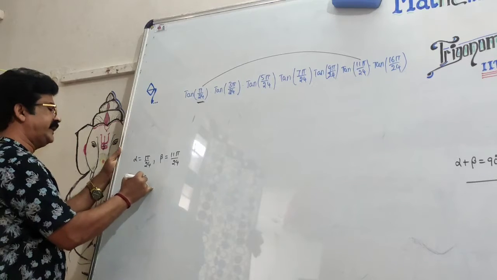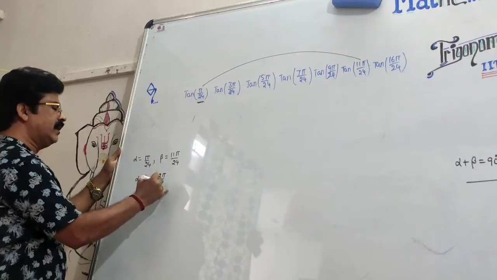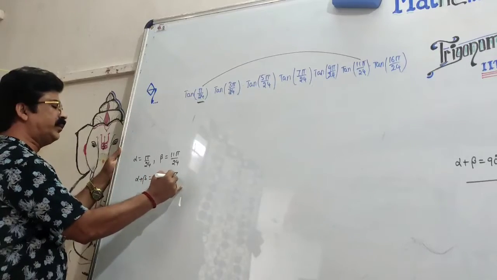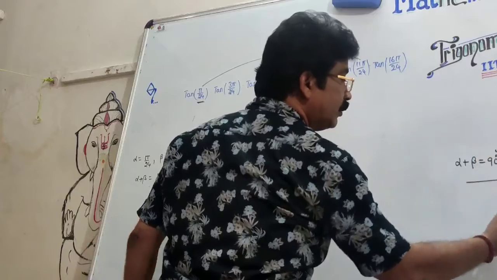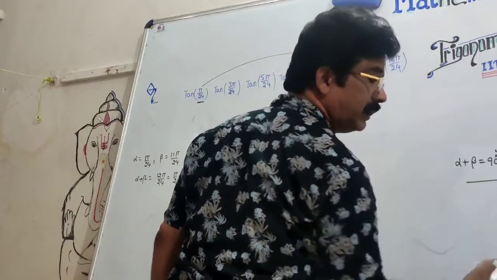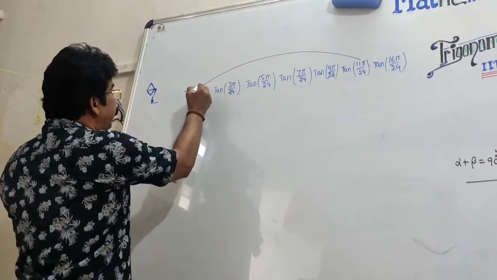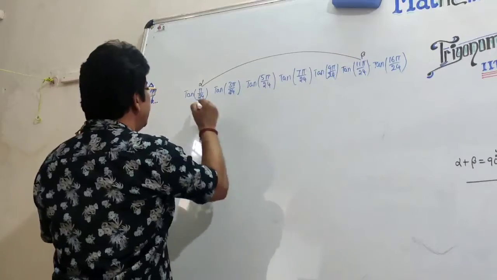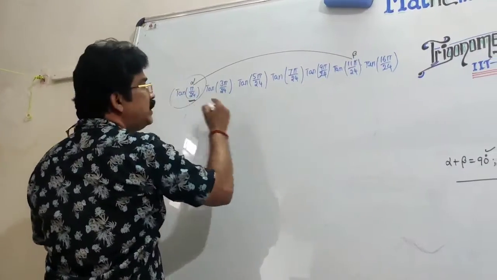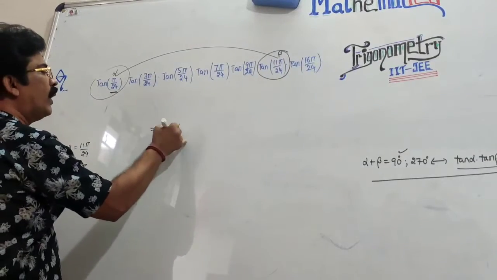Alpha plus beta is equal to what? 12 pi by 24, that is equal to pi by 2. It is satisfying this property, so definitely this product is equal to 1. Suppose this is alpha and this will be beta, then tan alpha into tan beta is equal to 1.